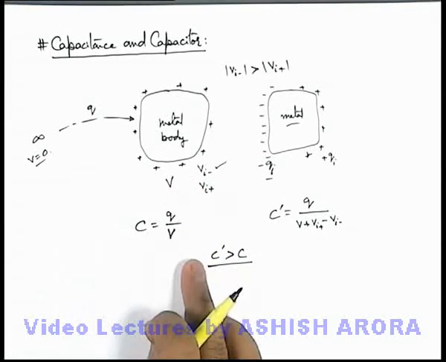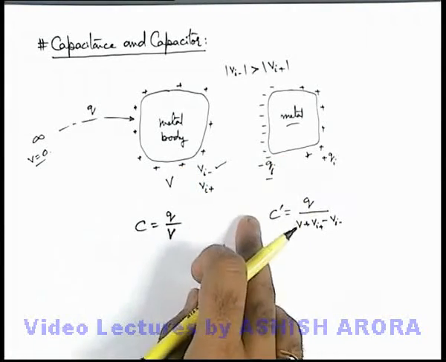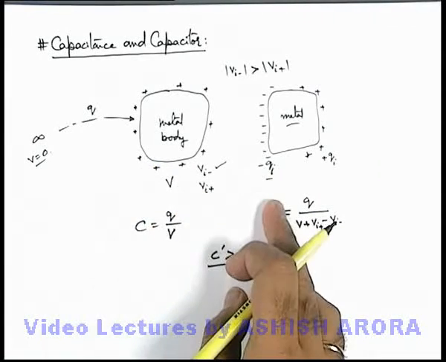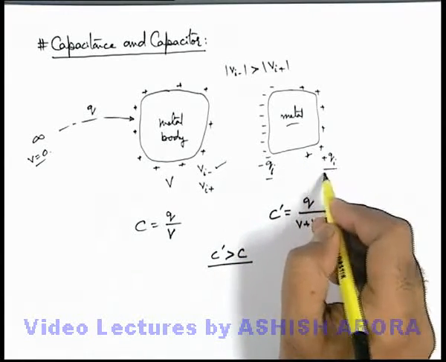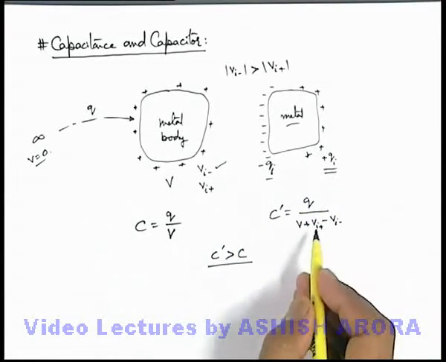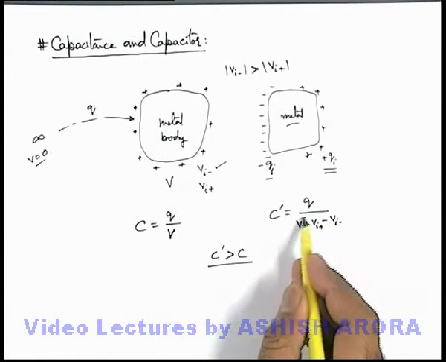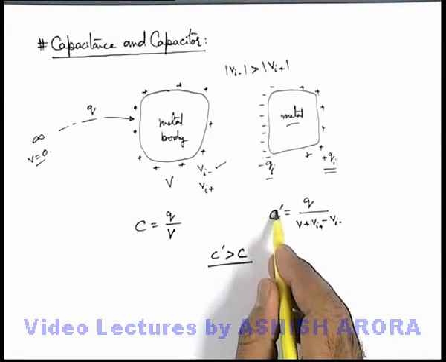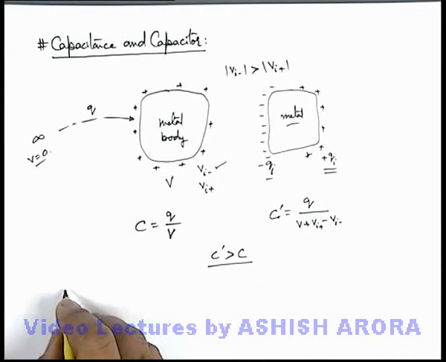So just to increase the capacitance, if we place some metal bodies in the surroundings of a body, its overall capacitance will increase. And if by some means we remove this plus Qi charge, this factor will also vanish and the denominator will further decrease, and the value of this capacitance will be much more than this value.